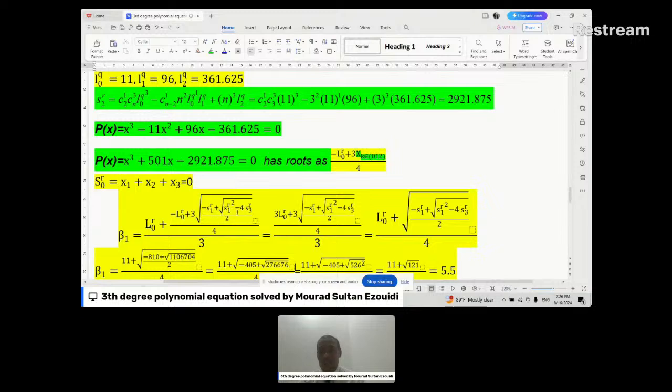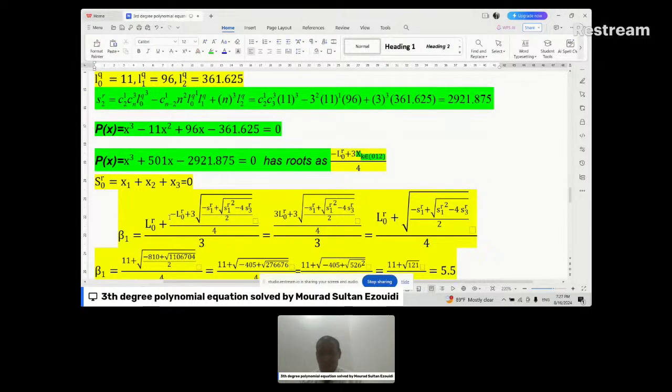You see this discriminant? It's derived from the fourth degree polynomial equation, meaning I extend my polynomial equation and obtain S2 equals 0, but S1 and S3 are different from 0. So I use this one to solve this. Therefore, I will just continue, learners.